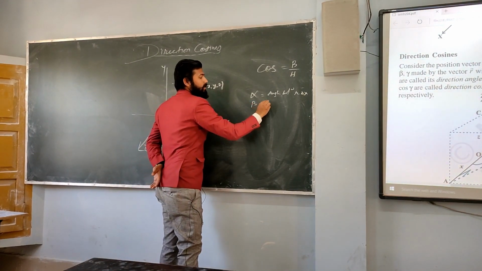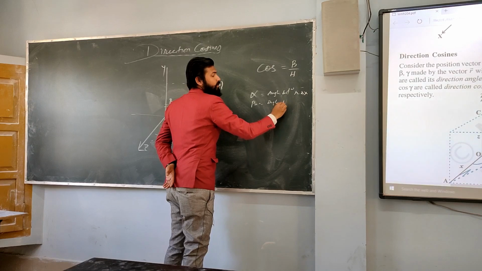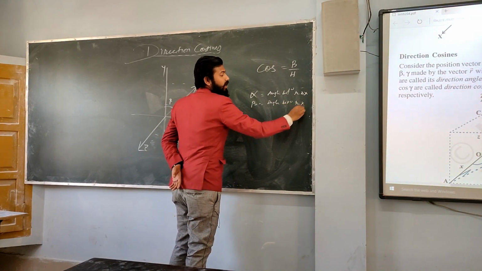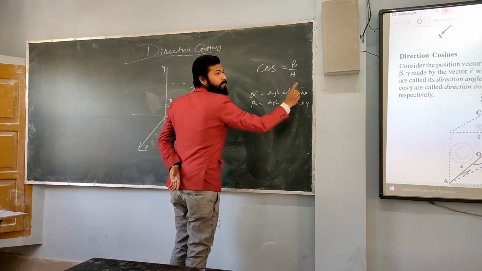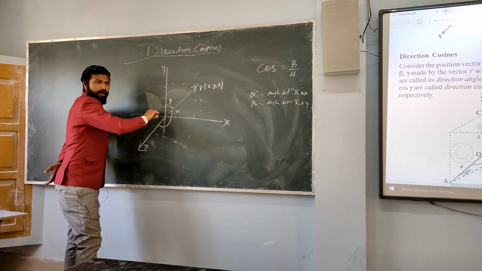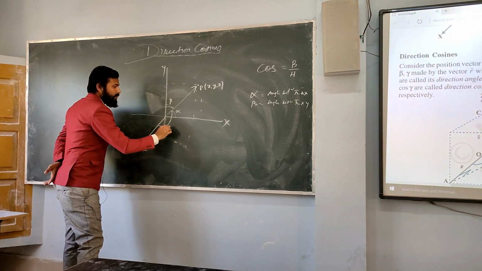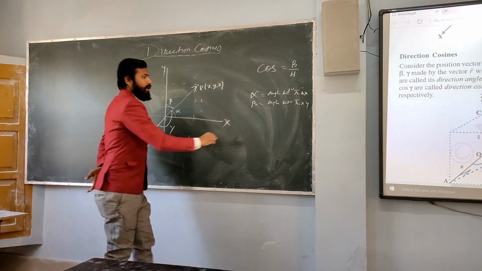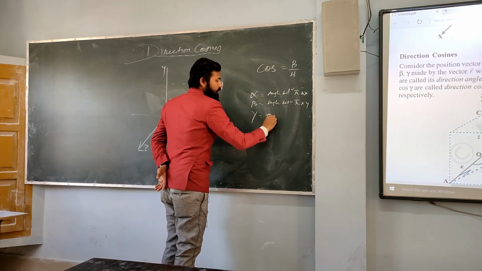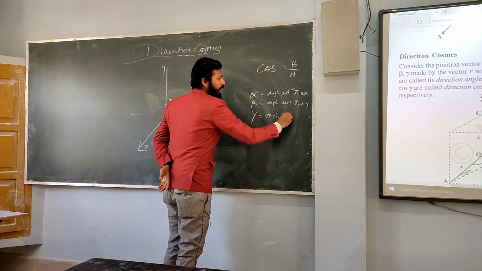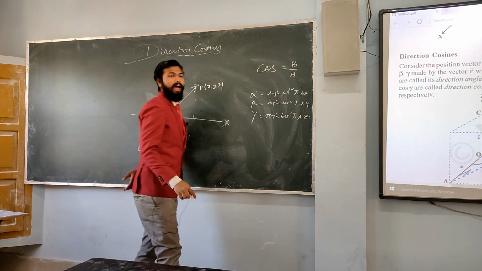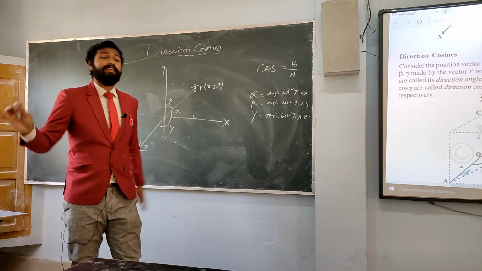Beta is the angle between the resultant vector and the y-axis. There is one more angle, gamma. Gamma is the angle between the resultant and the z-axis. I hope the meaning of alpha, beta, gamma is clear.